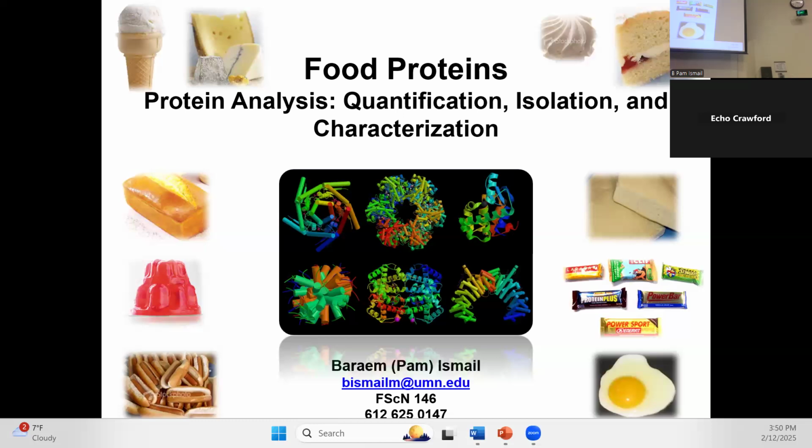I measure the water holding capacity of protein isolate powder. Okay, let me ask you this, is it water holding capacity or water binding? Tell me the method and I'll answer that. How do you measure water holding?